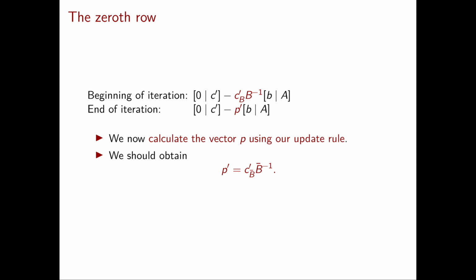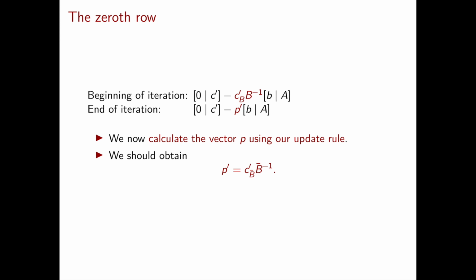In order to prove this, we will explicitly understand how the 0th row will look after we have performed our elementary row operations. More specifically, we will look at the columns of the 0th row that correspond to the basic variables B bar 1 until B bar m.